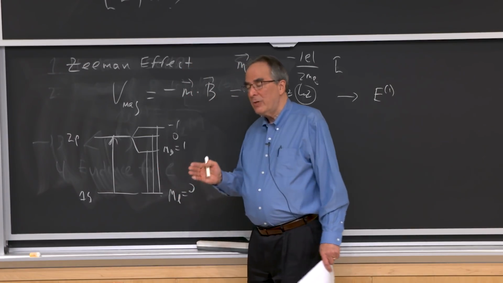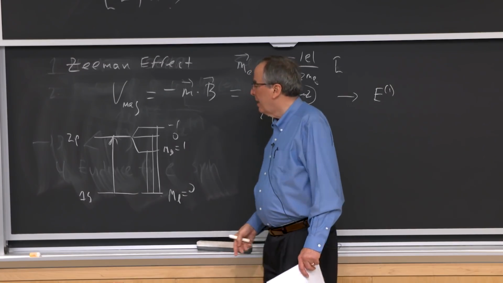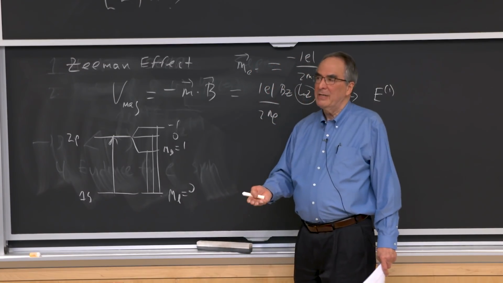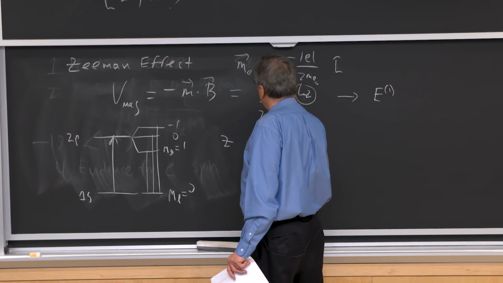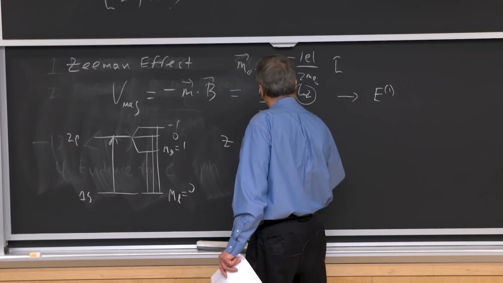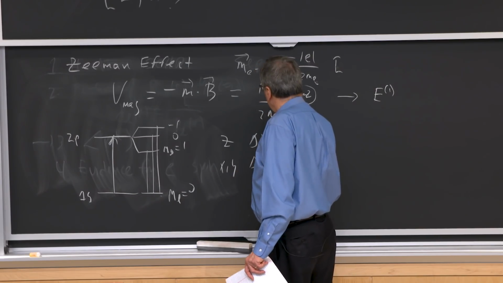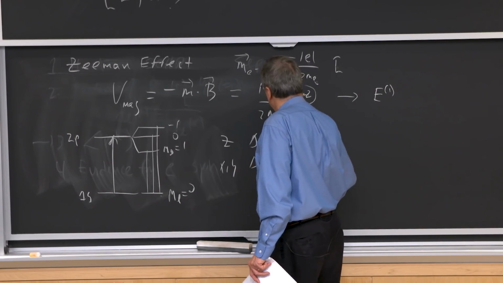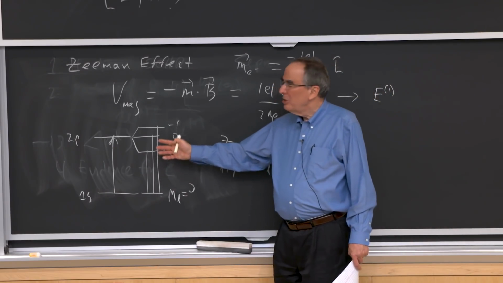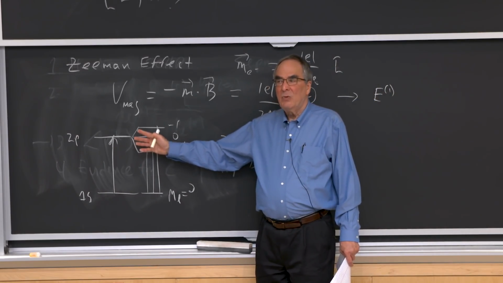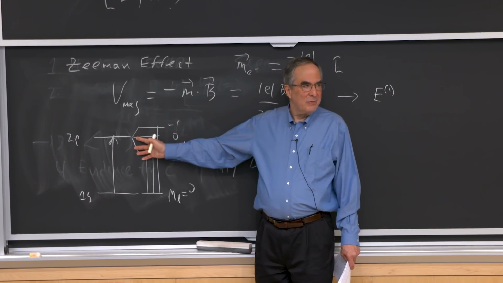Well, the transitions where you do not change the projection quantum number are done with Z-polarized radiation. And so if it's Z-polarized, you get only delta m_l equals 0. And if you have X and Y, you have delta m_l equals plus or minus 1. So depending on how the experiment was done, you would expect to see 1, 2, or 3 Zeeman components.